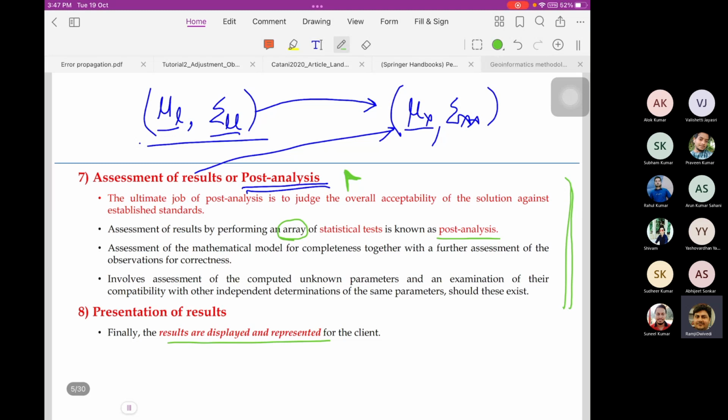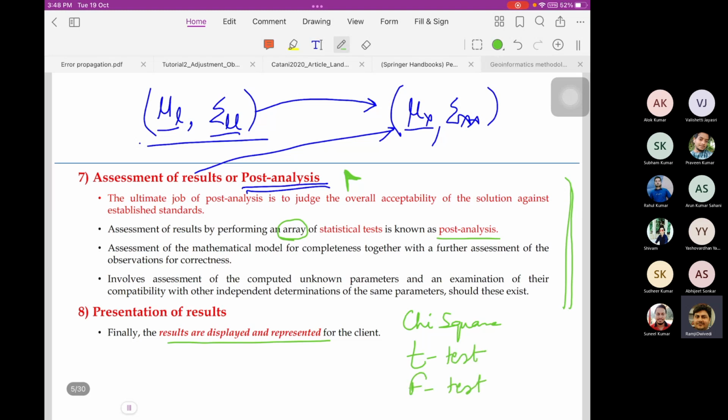About the post analysis part, there are 2-3 popular distributions that we are going to explain at the later end of the course, how the post analysis is really being done. But at this time, you just quickly understand that there is the chi-square test, then there is a t-test, and then there is an f-test.